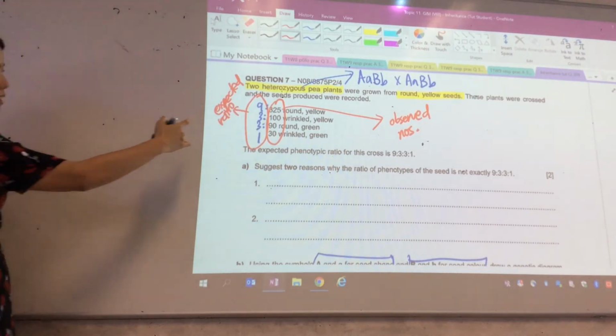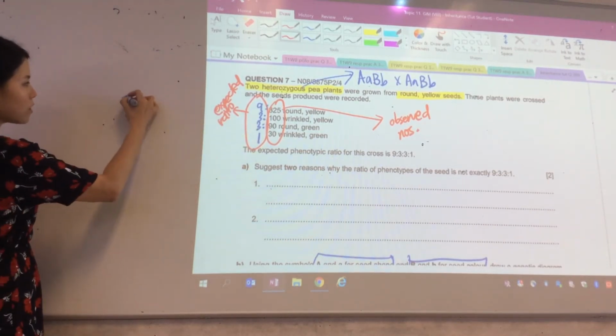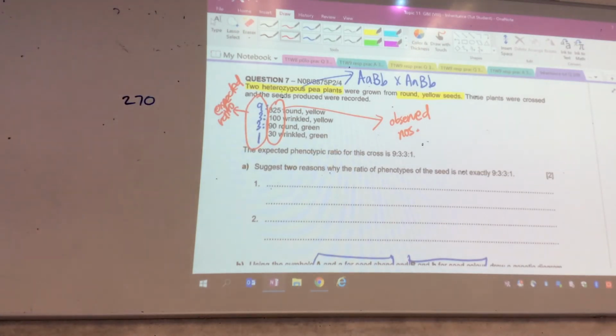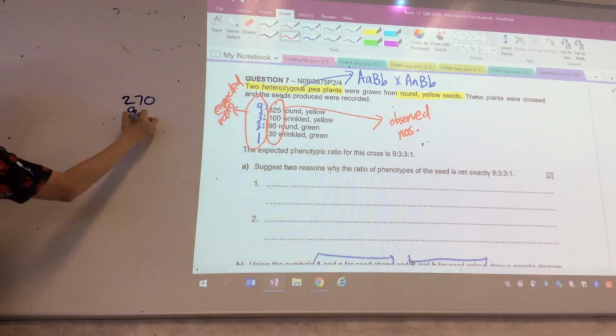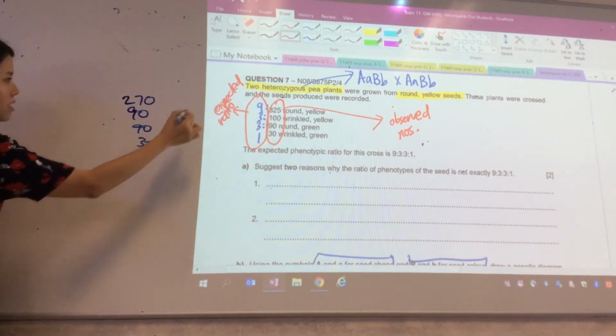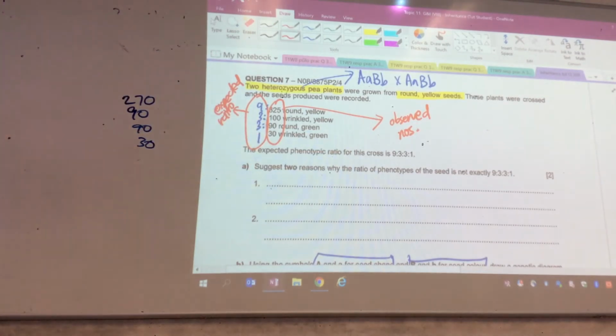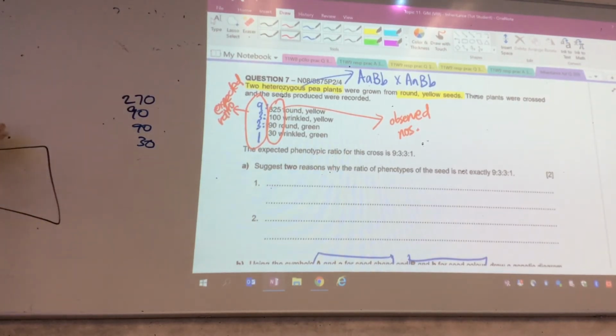Alright, so why is it that the expected and the observed are not exact? If you want the expected to be exact, this one should be 270 and then 90, 90, 30. Can you see it is not really exactly 9:3:3:1? How come it is not exact? Fertilization rate. Exactly. So, okay, let me give you another example that's easier to understand. If you have a coin, you flip the coin, heads and tails. Let's say I flip the coin 10 times.